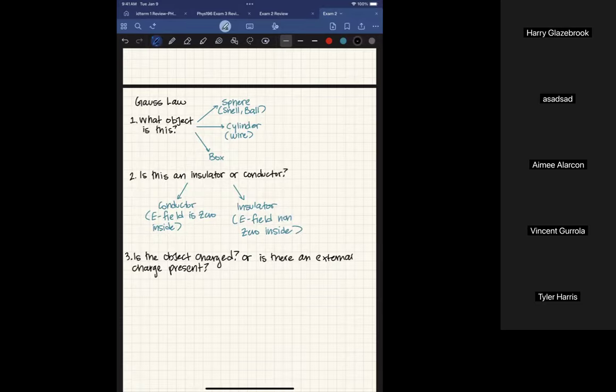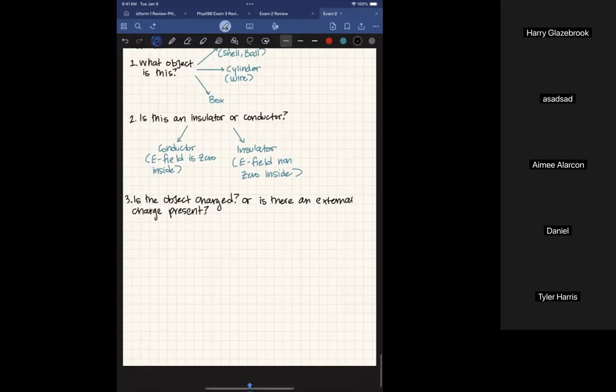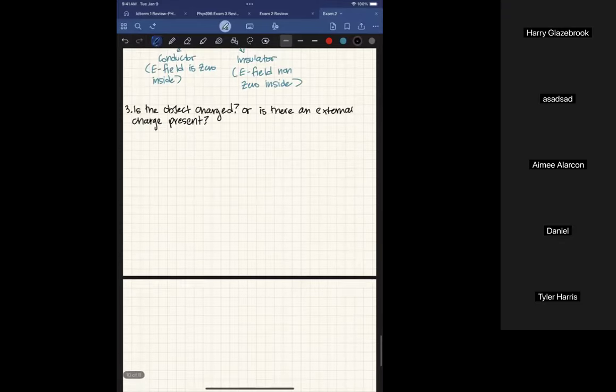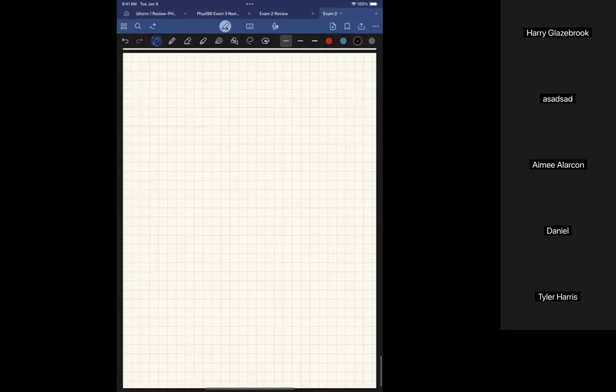All right, let's just knock out this Gauss law problem. I'll answer questions and then we're pretty much good to go. So let's do this. All right, this is a pretty common one.